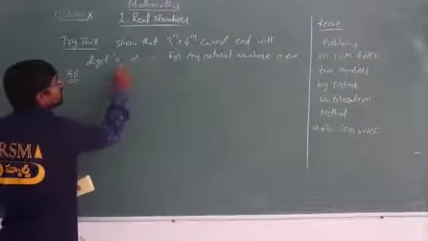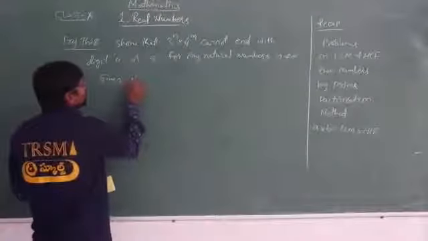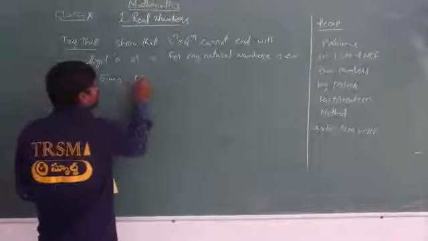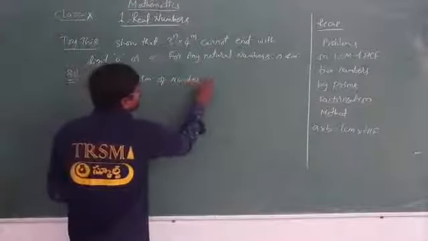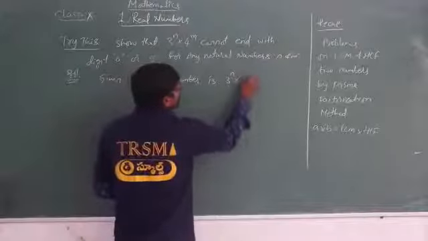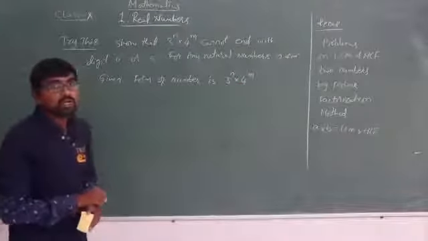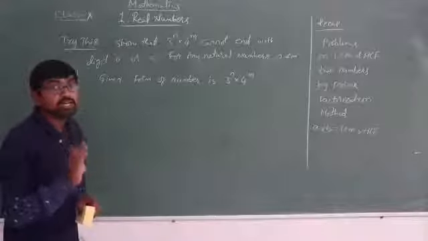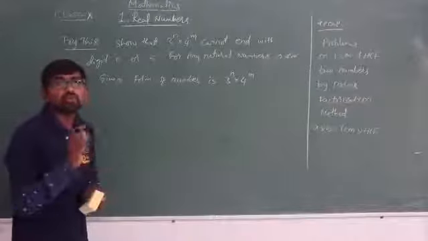So the given form of number is 3 power n into 4 power m. What do we know about when a number is ending with the digit 0 or 5?